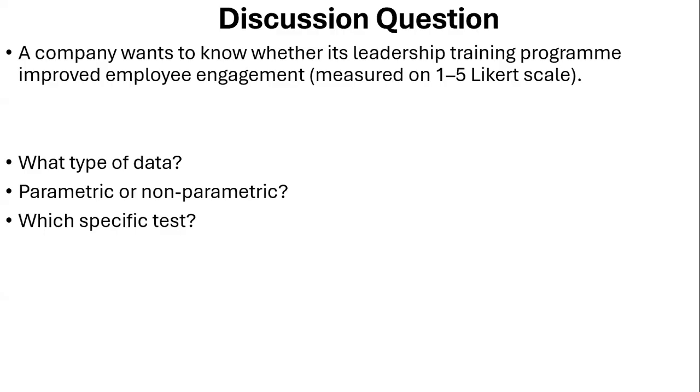So if you are dealing with a data set that measures leadership training program and employee engagement, and each of these variables has at least three items, then you can create what we call a composite variable out of them, which will be averaging the respective scores for employee engagement and the respective scores for the various items of leadership training program.